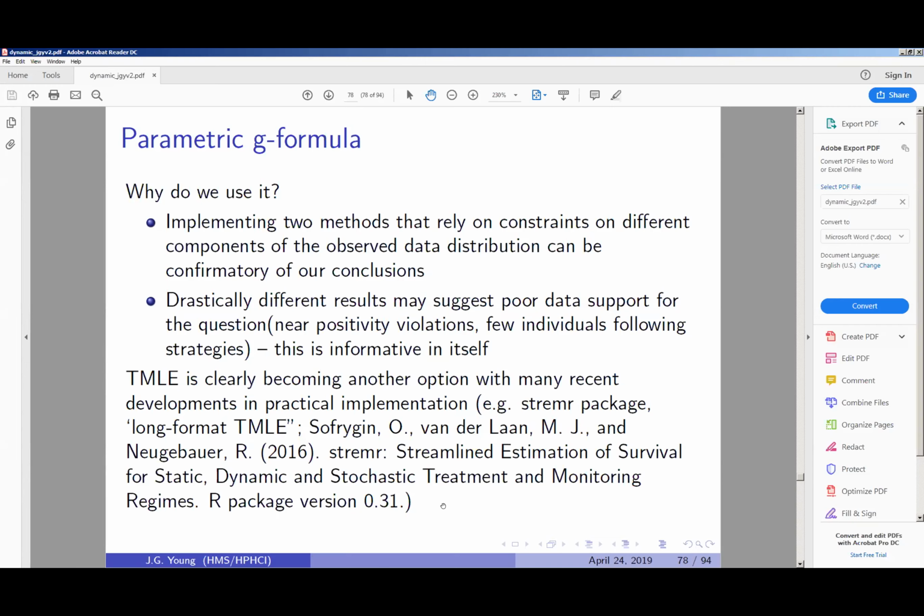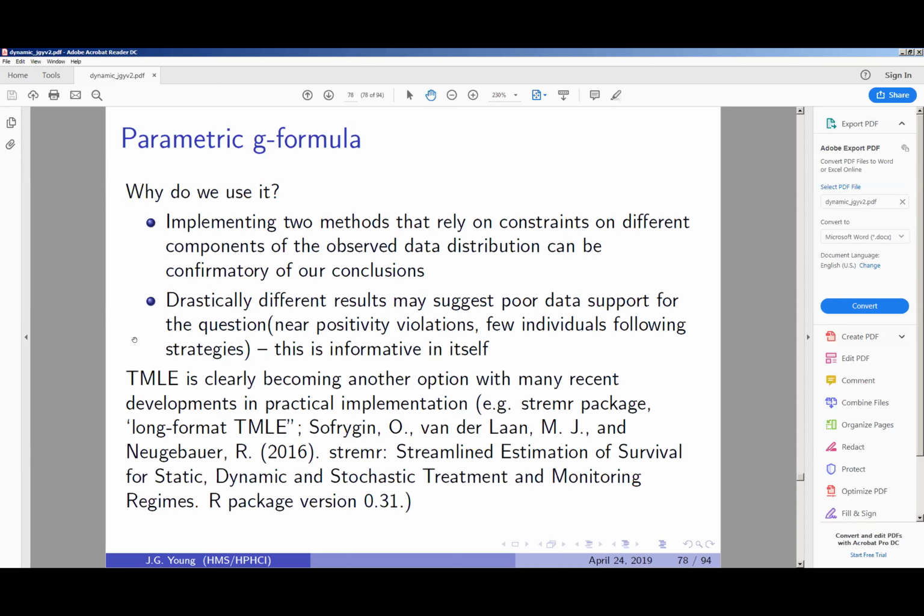does allow pooling over time, and I think they call this the long format TMLE, which is much more feasible when you have many, many time points. You can imagine that when you have 60 time points, as you get further and further out into the follow-up, you're just going to have fewer and fewer records. So you can't pool over time, and then you try to throw Super Learner and aggressive machine learning algorithms at it, and it's just not going to work.